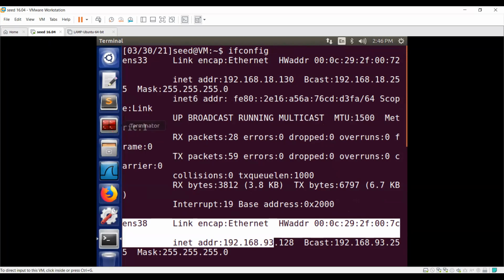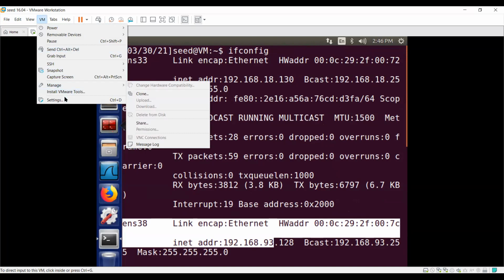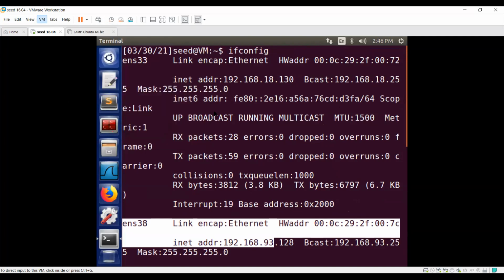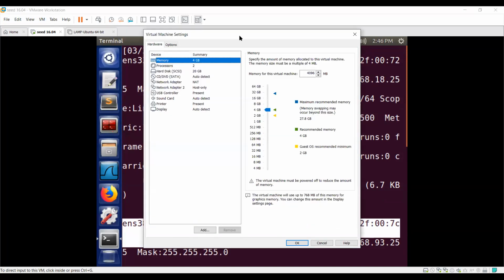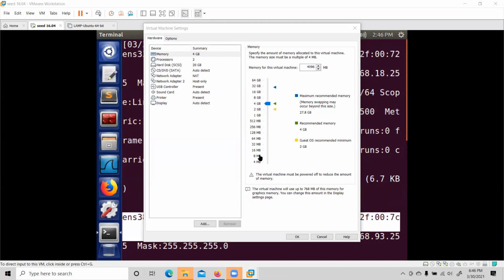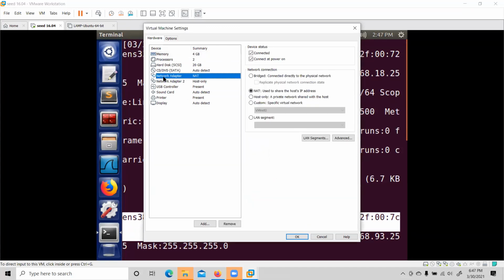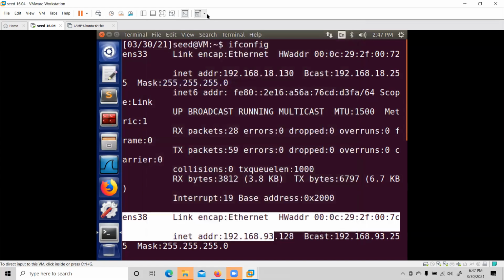And that just happened because, as I said, I went into VM settings, and you can see there are two network adapters in there, that one and that one. Okay? So this is all for the setup of this lab.